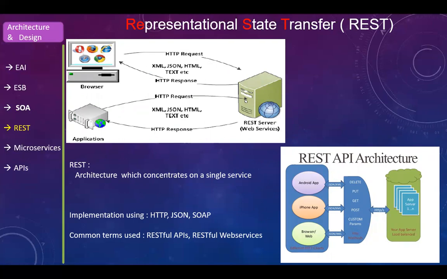So this is again an architecture style. You take a particular application or a service, and the way you define that particular service was not properly defined when everyone started adopting service-oriented architecture and web services. That had to be corrected, in other words re-architected, and that correction is what was brought out by representational state transfer.